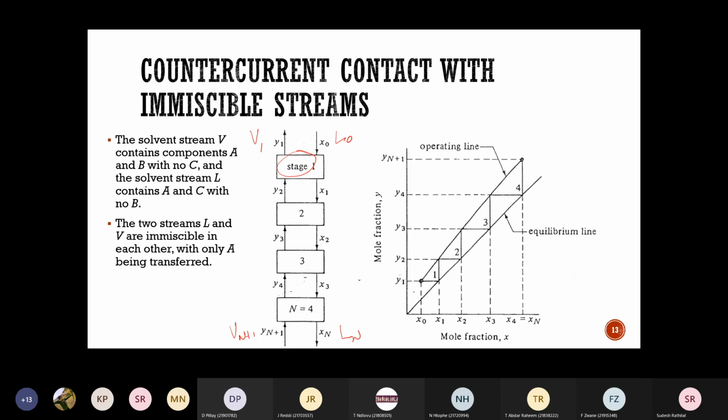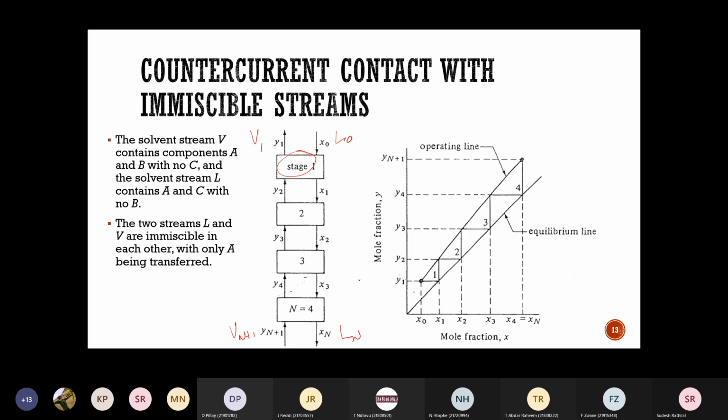But when I add the V phase and the L phase, it must give me the same value. So if I had originally 20 coming in on the top for the L phase, and 30 coming in at the bottom for the V phase, the sum of the two is equal to 50. 50 moles per hour is the total throughput through the system.